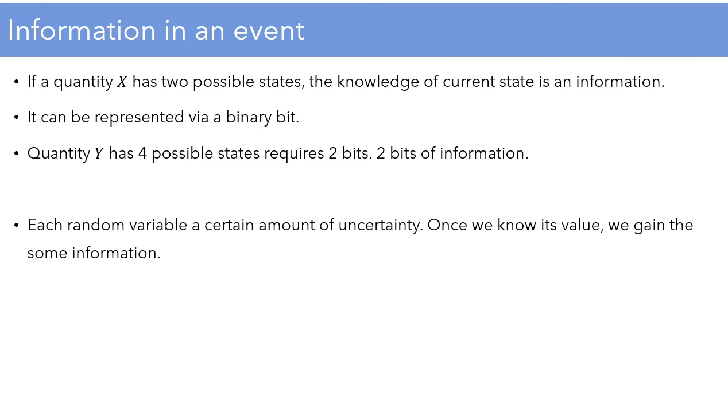And you can think in this way. Suppose X and Y are 2 random variables and each takes 2 states. So if I know the value of X, I have one information bit. If I know the value of Y, I have another. So together, if I know the states of both these random variables, I have 2 bits of information.